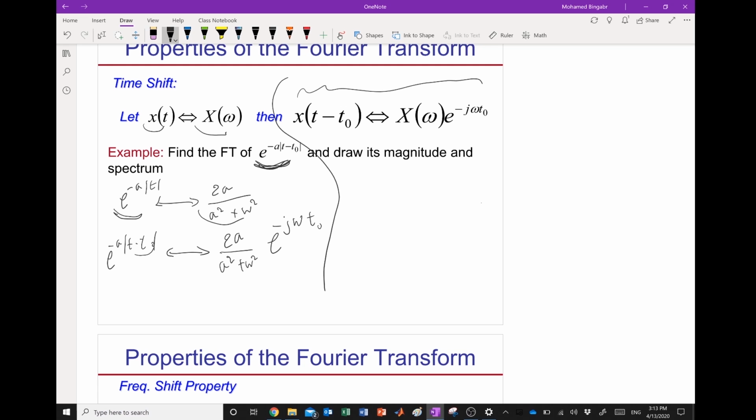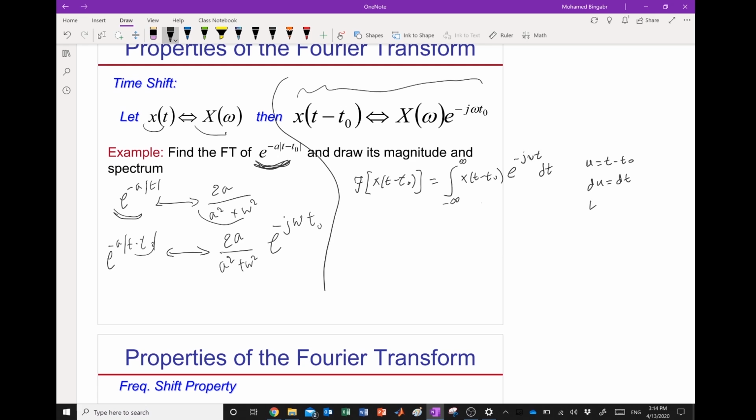If I ask you to find the Fourier transform of the signal x of t minus t0, the definition will be the integral of x of t minus t0 times e to the minus j omega t dt, from minus infinity to infinity. If I do a u substitution by letting u equal t minus t0, then du will equal dt.